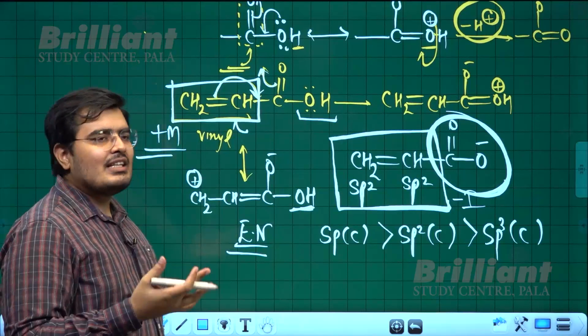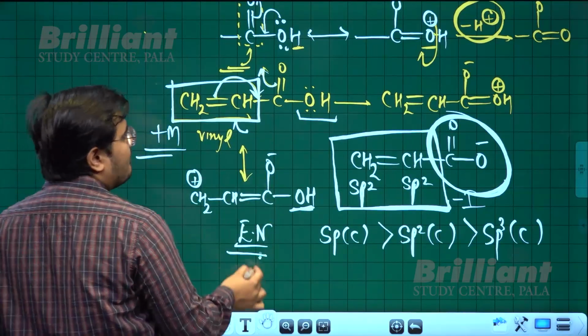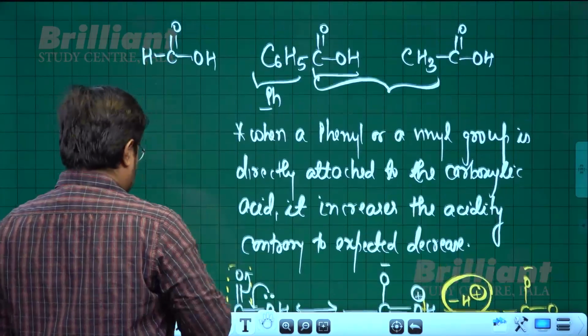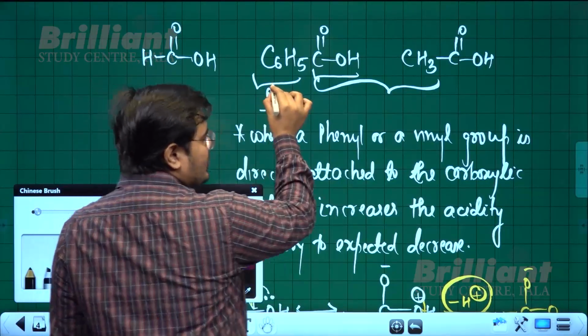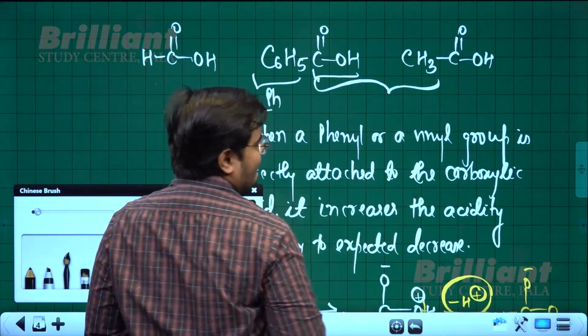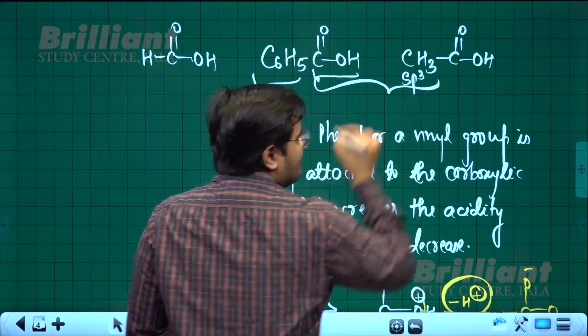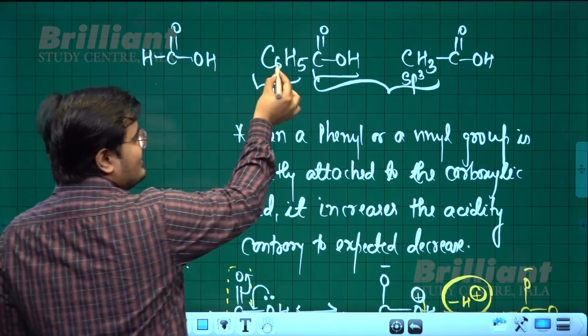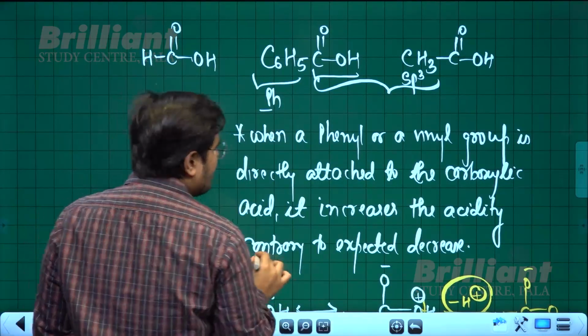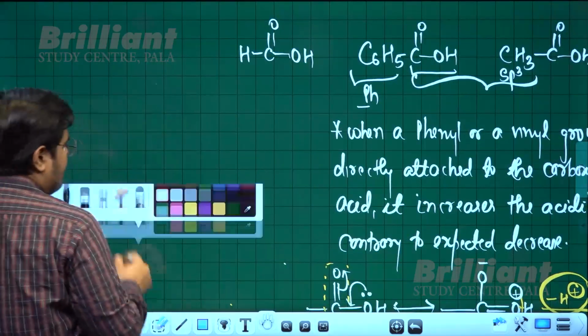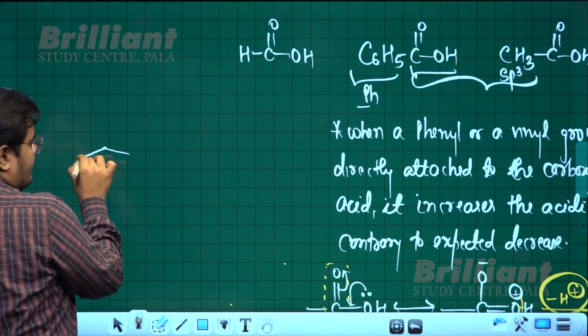And that is the idea that we have to use for comparing the acidity of benzoic acid and acetic acid. Here in acetic acid, CH3COOH, the CH3 group is sp3 hybridized, whereas in C6H5COOH, the phenyl ring is like this.